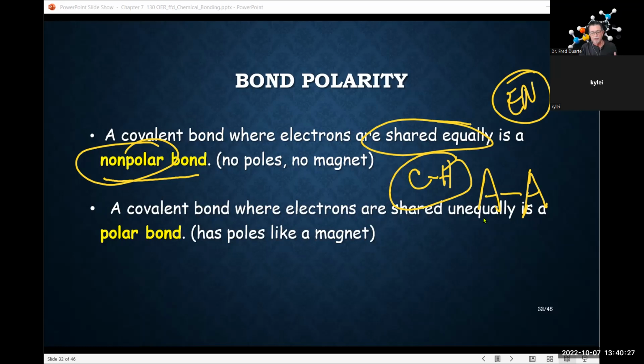What's happening here is the two elements that are bonded are different. Totally different. In this case, I use the generic symbols A and B, where they're different. The fact that they're different tells you we have a polar bond. Think of a polar bond as a magnet: we've got a north side and a south side.